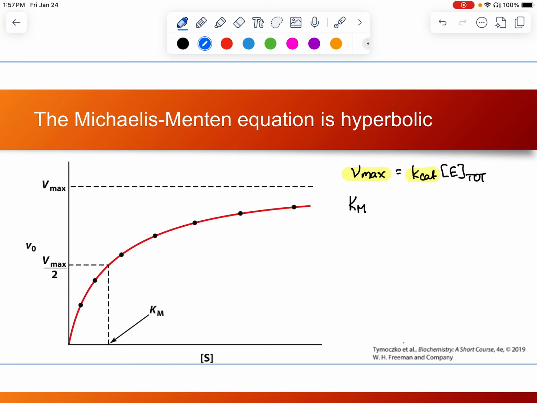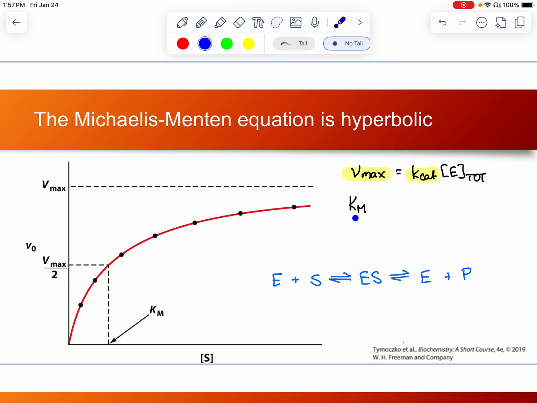If we go back and we think, remember our Michaelis-Menten picture, we have the enzyme plus the substrate, forming an enzyme-substrate complex. And then that enzyme-substrate complex will form those products, and we'll get our free enzyme back. So the kcat and Vmax tell us something about this rate of reaction right here. How fast does this go to products?